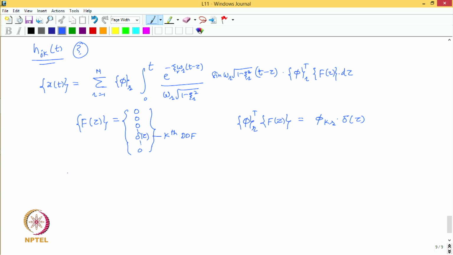So, now if we substitute this here, we also note another important property of the Dirac delta function, called the shifting property.